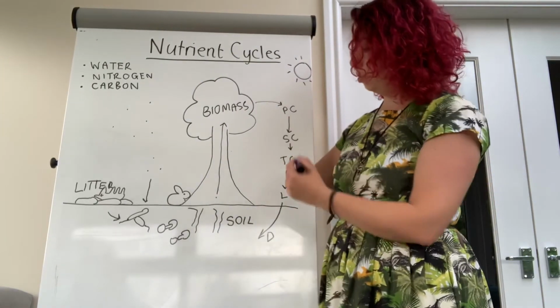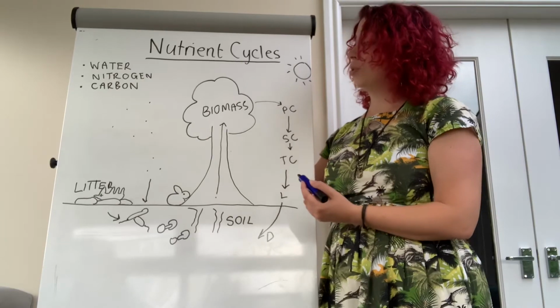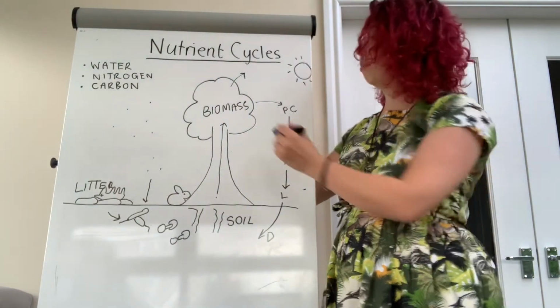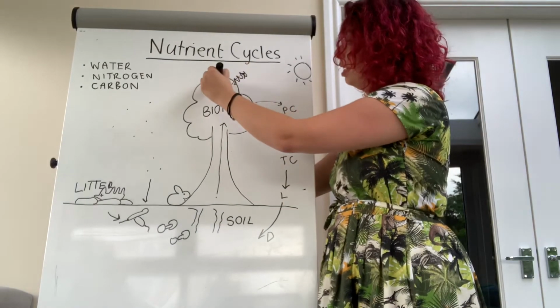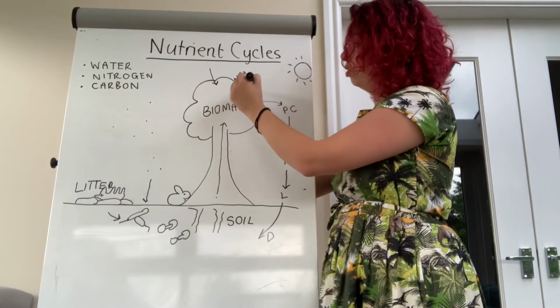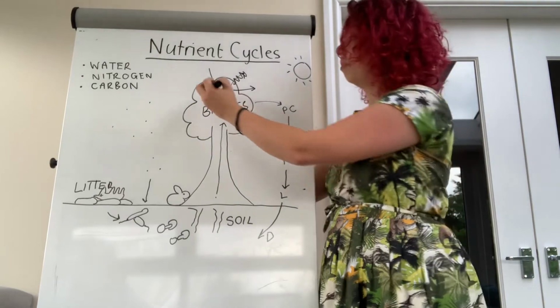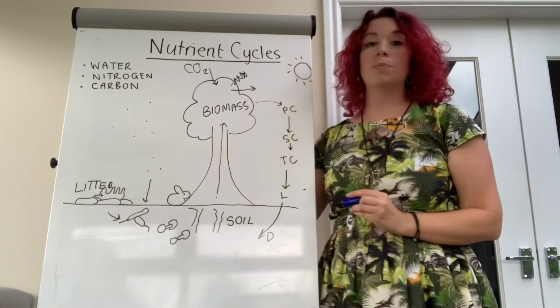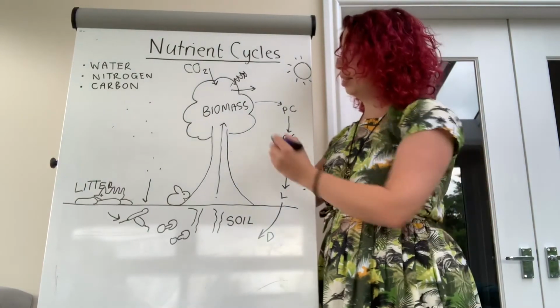Now, this is what happens to nitrogen, and carbon is also produced by the tree as a waste product. Carbon is also taken in and oxygen produced. So carbon can be fixed from the atmosphere by the respiration of the trees and by photosynthesis.